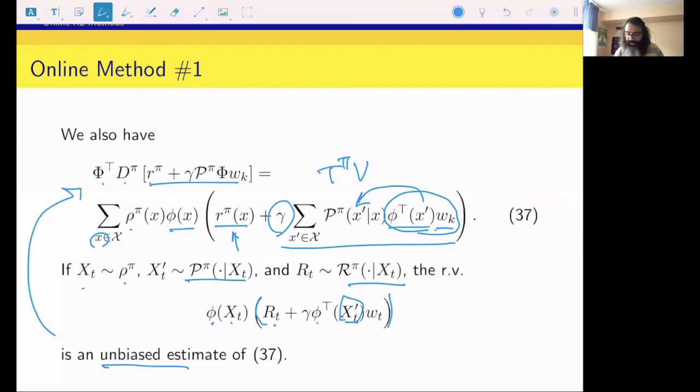So this is the expectation, and this random variable is an unbiased estimate of it. Okay, any question?